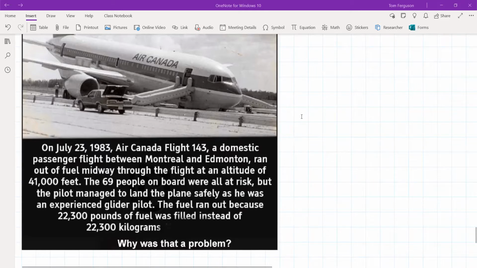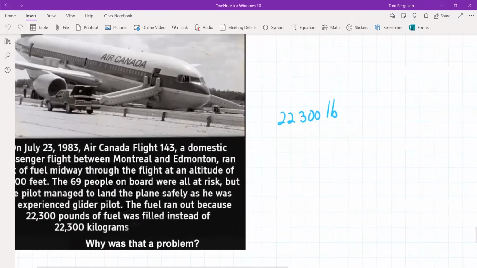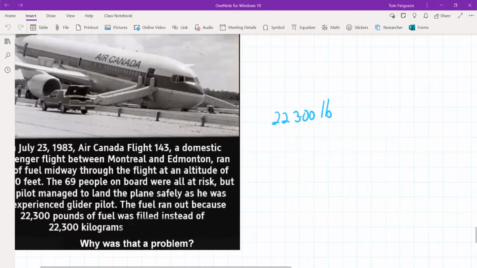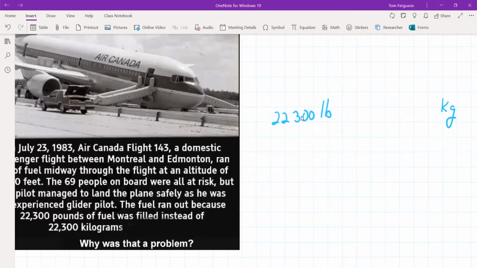So we're going to convert 22,300 pounds to kilograms. What will we end up filling that plane with?